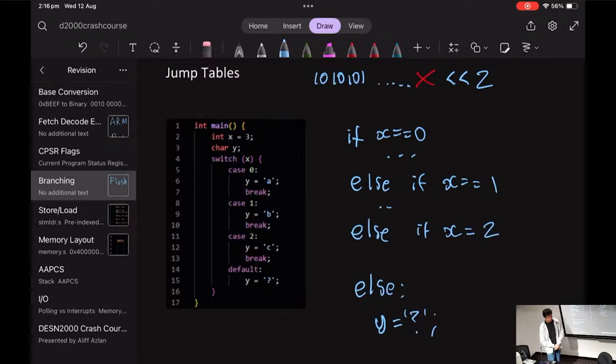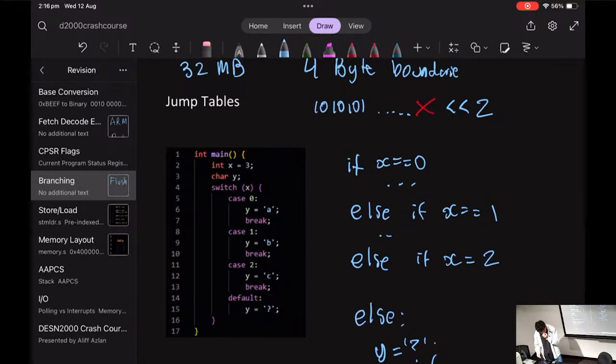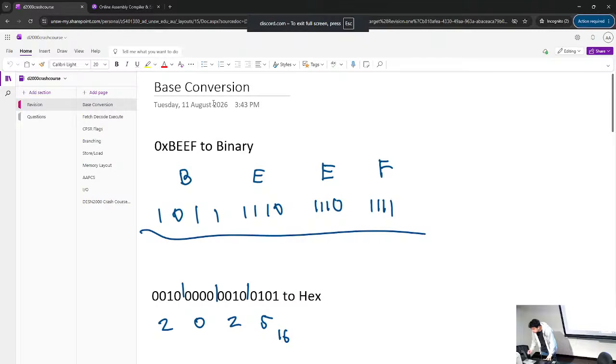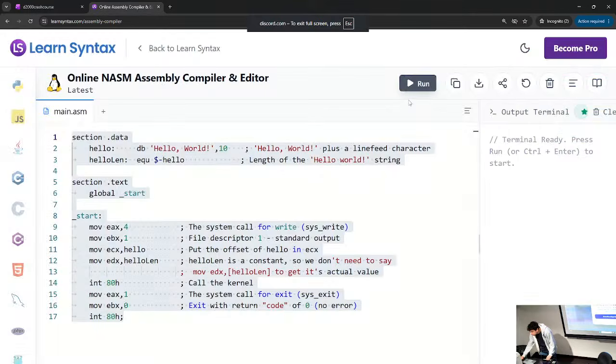Now, there's actually a way to do this. Sorry, let me restart. If we wanted to implement this in assembly, let's move to a text editor.